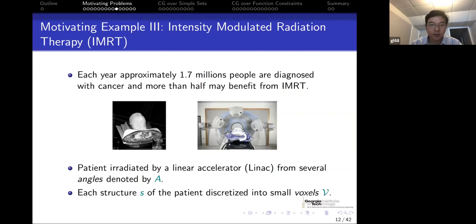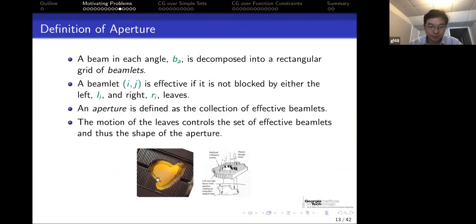Then, from each angle, the radiation is organized into the so-called apertures. Basically, a beam from each angle is decomposed into a rectangular grid of beamlets. As you can see in the picture at the bottom, you have a rectangular area where the beam can be applied.